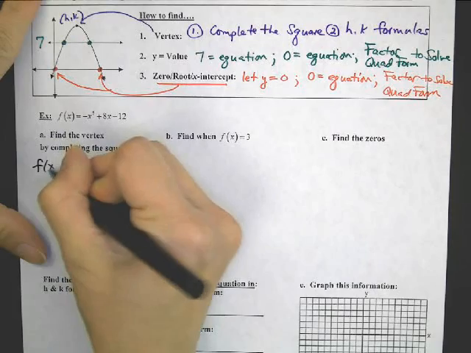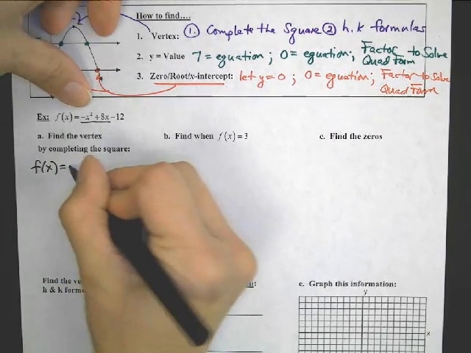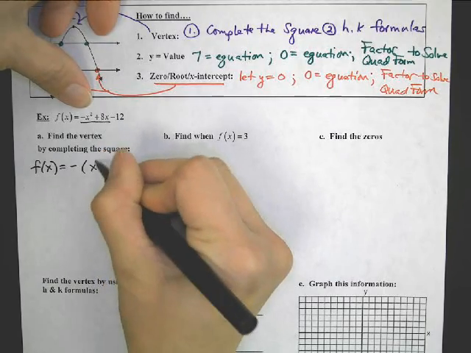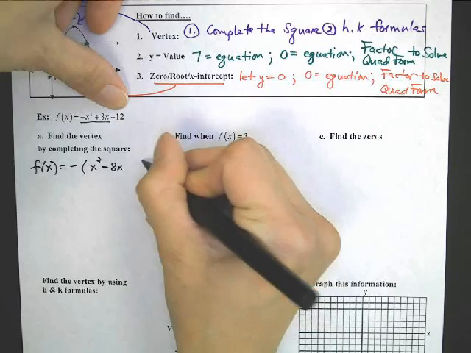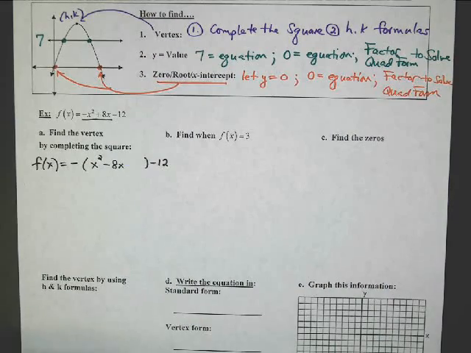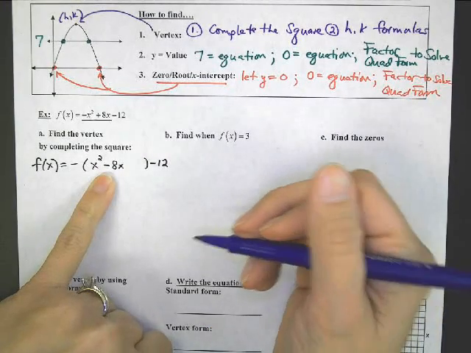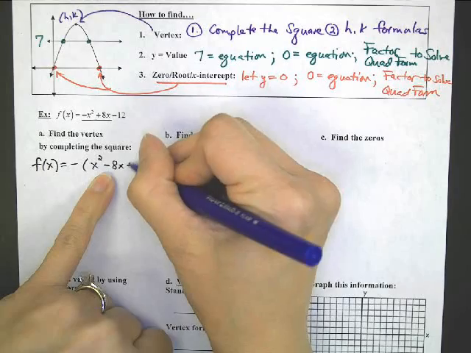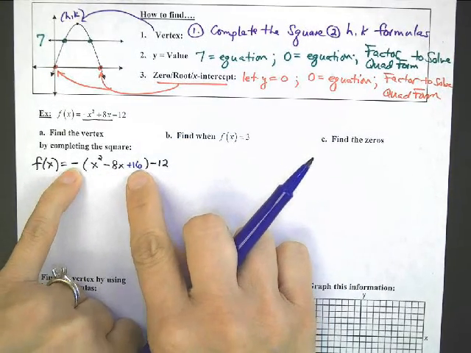So the first thing I'm going to do is take a look at the x's and get x squared alone. So I'm going to take the negative away. x squared minus 8x. What about that minus 12? Oh, that just gets shoved way down there. Okay, and now it's time to half and square. Half of negative 8 is negative 4, but squared would be plus 16. So how much did I just add in disguise?